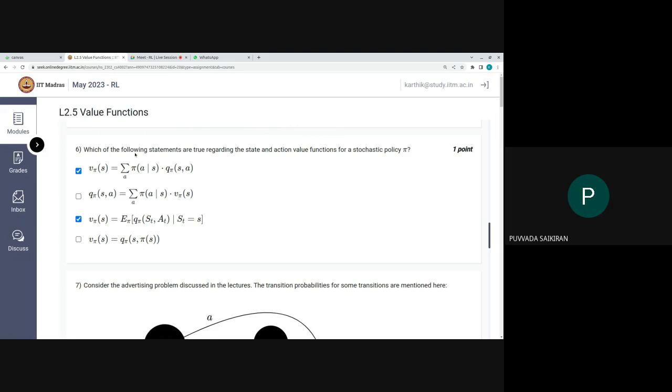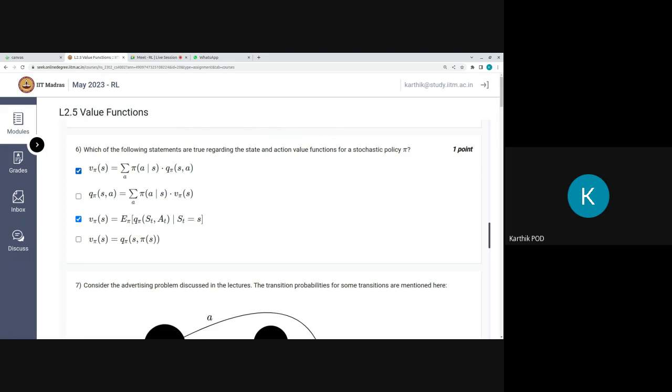Because we are accumulating over A, the action might not differ, right? Because we are taking the expectation over all the actions, under the policy pi, right? So the sum over A of pi of A given S times Q pi of S comma A, where Q pi of S comma A is the expected return if I start from S, take action A, and then behave according to policy pi.